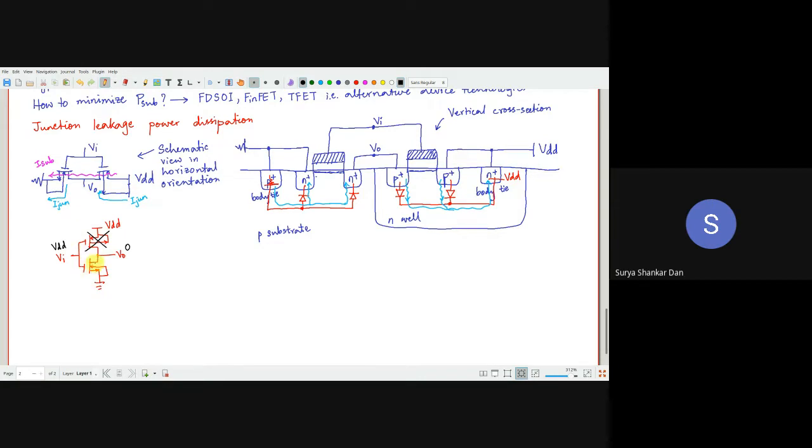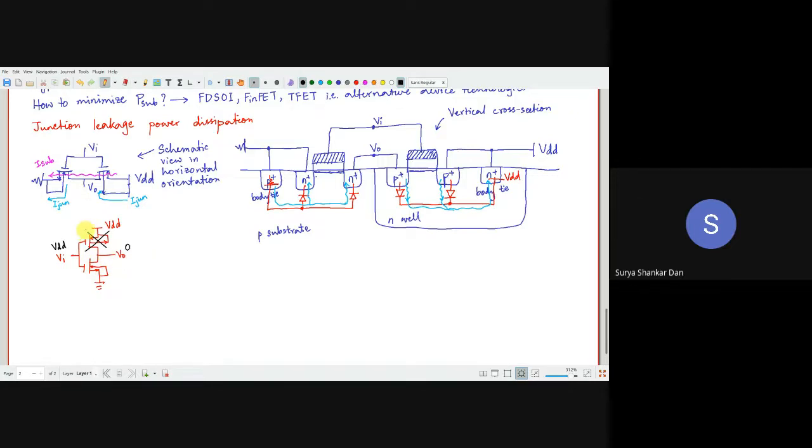Okay. And over here, Vi is VDD. So that means this is switched on. And that is the reason why this VO is shorted to the ground. Okay. This is switched on, but what is the value of VDSN? It is equal to 0. So there is no current here also. Okay.